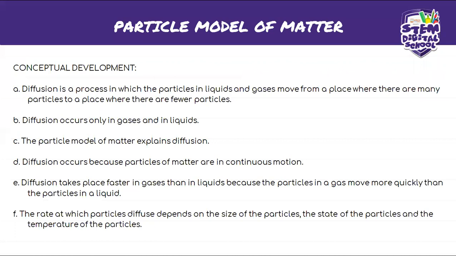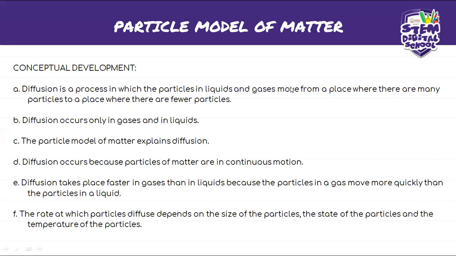A similar example is when I was talking about the aerospray or a perfume, in which you are at one corner and then you spray. That is just diffusion for you. And diffusion occurs only in gases and liquids. And the particle model of matter explains diffusion as well.